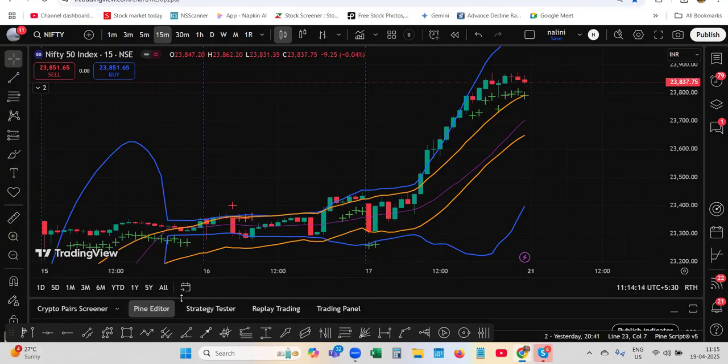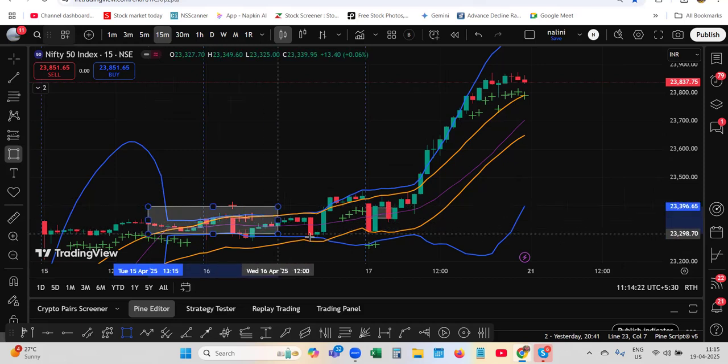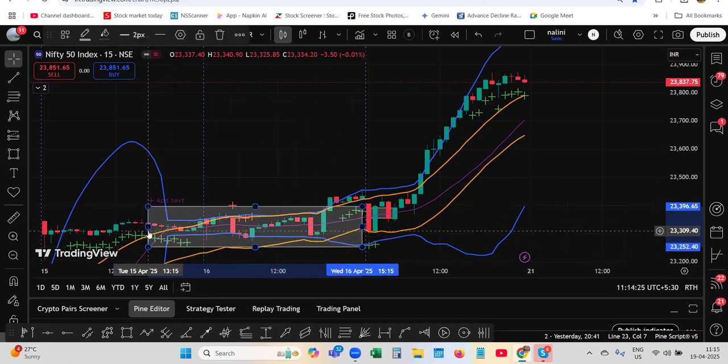Where is the tool? I'm not able to see the tool. Come on. Here. You can see the contraction. The Bollinger Band has contracted. It has dipped within the Keltner channel.